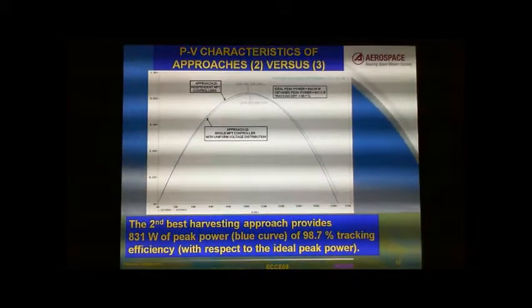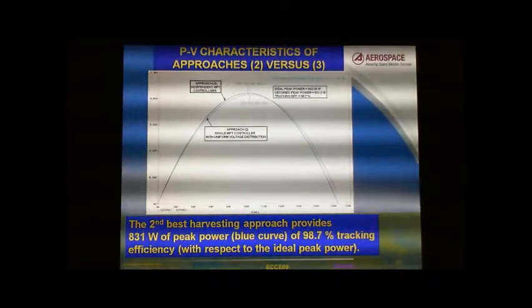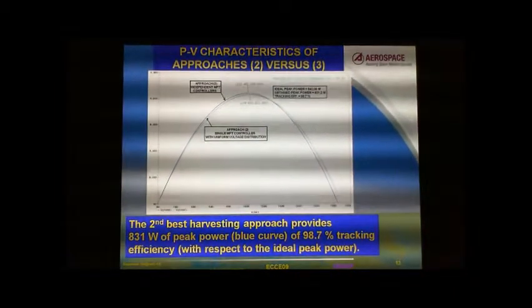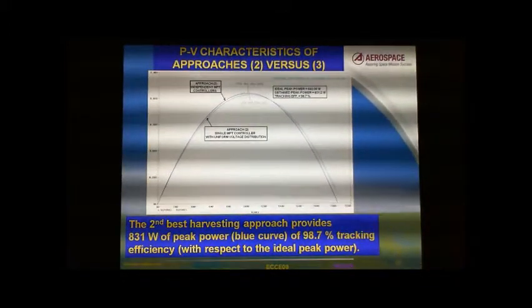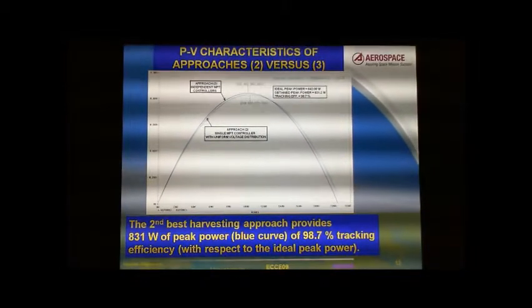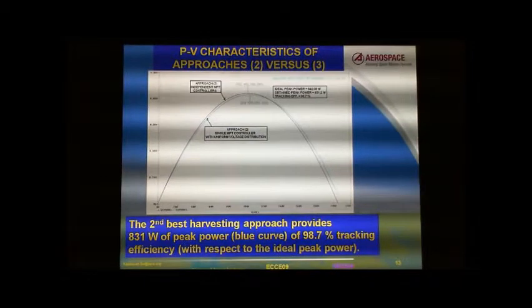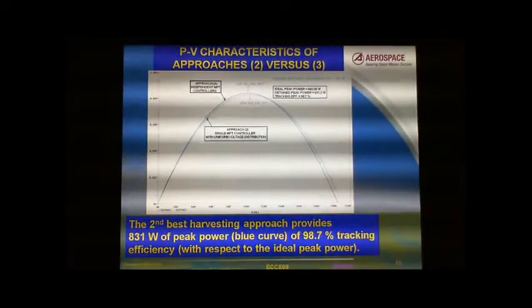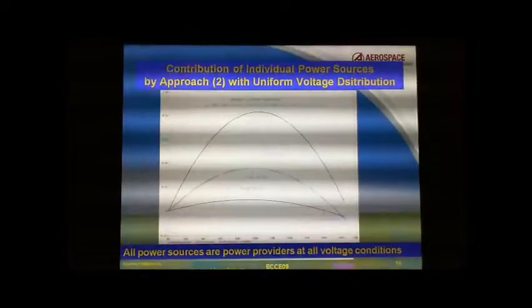The approach number 2, using a single maximum power tracking controller with uniform voltage distribution, provides the tracking efficiency of 98.7%, which is considered sufficient and acceptable for most applications.